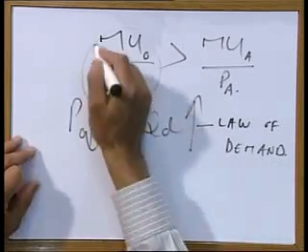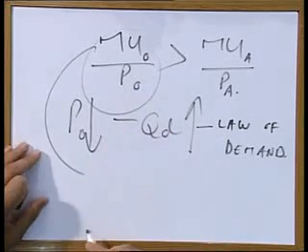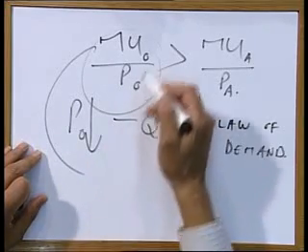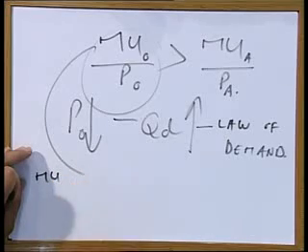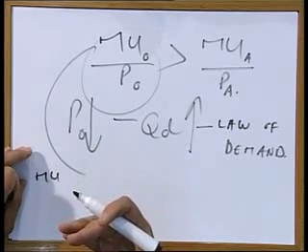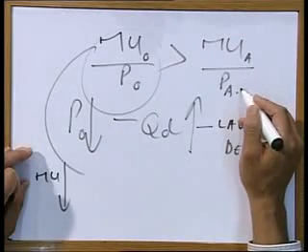Out of this, by buying more oranges, what will happen with the MU of oranges? Going back to the law of diminishing marginal utility, as you consume equal successive units of oranges, your MU will decline, and you are buying less apples.